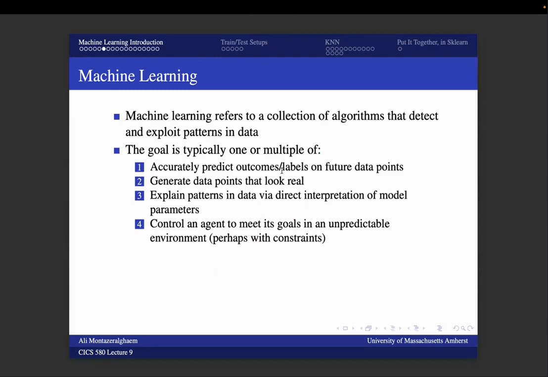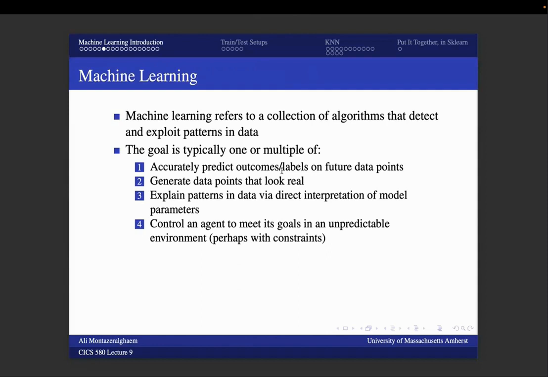And the second one is to generate data points such that a human cannot find the difference between the generated data and the real data. So this is also another goal for machine learning, to generate data based on some real data.